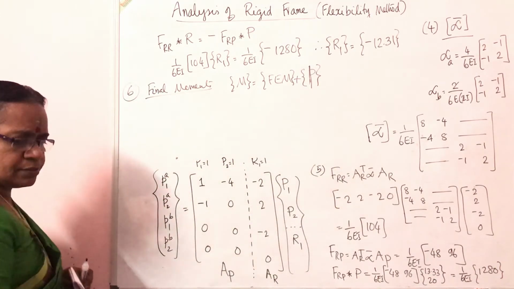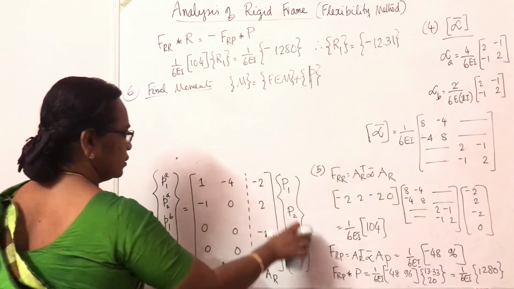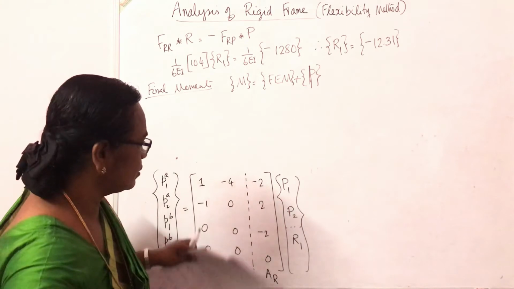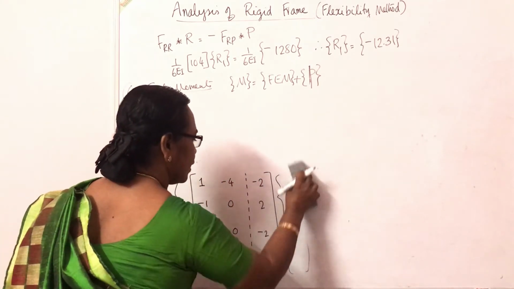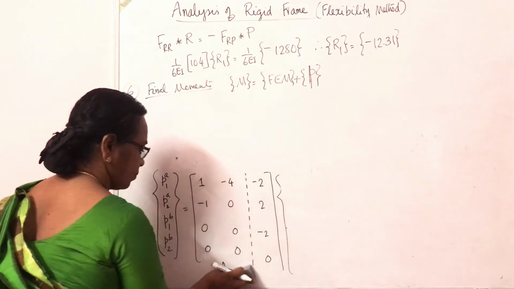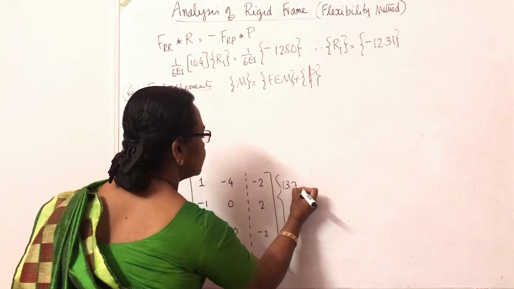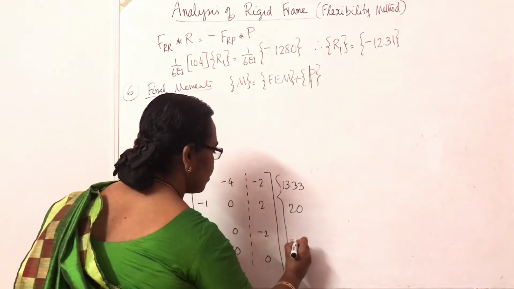So element forces you can obtain from step 3. It is written here, I have not cancelled it. This is the step 3 value. So the element forces can be obtained as transformation matrix into P1, P2, R1. Substitute the value of P1 and P2 and R1. P1 is 13.33, P2 is 20 and the R1 value is minus 12.31.